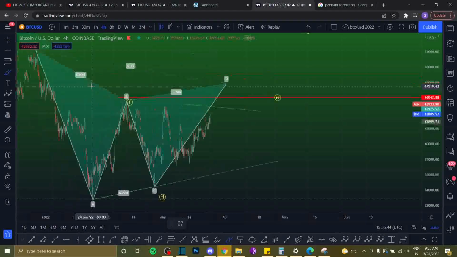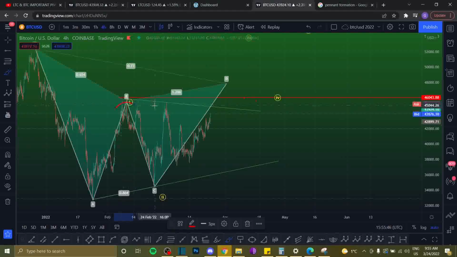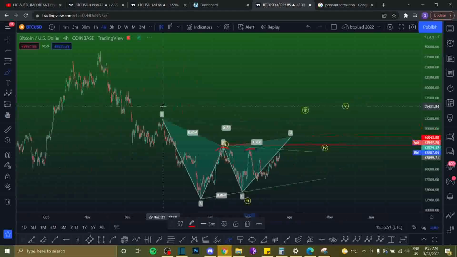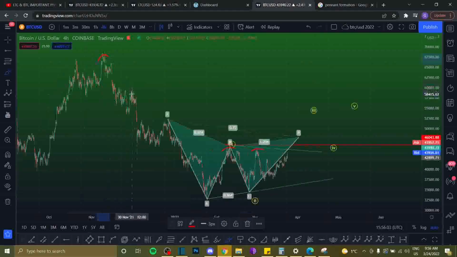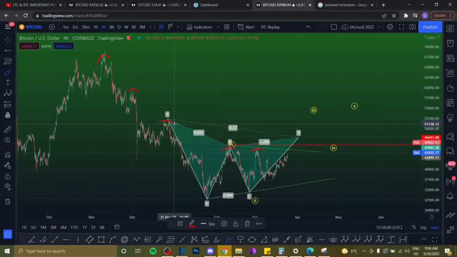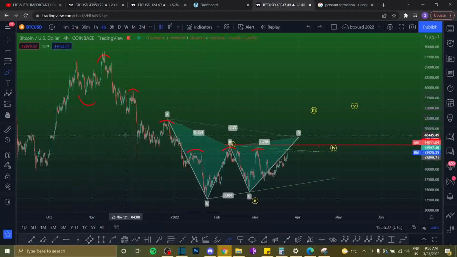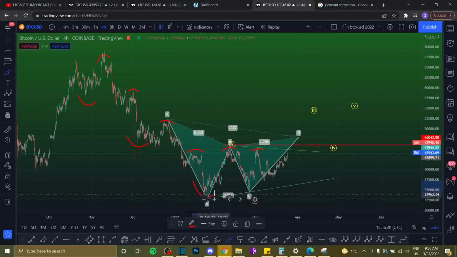Therefore, if we form another lower low, just like what happened in previous history, and I can go back in time, every time we're making lower lows, ever since we started making lower lows, that's the market signaling to investors that people are taking profits, they're stepping out of the market, and this is not the time to be buying. And that's exactly what we see. We also see lower lows followed by lower lows.